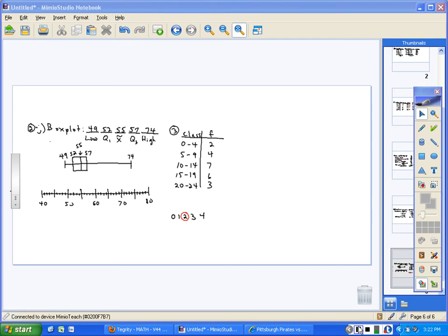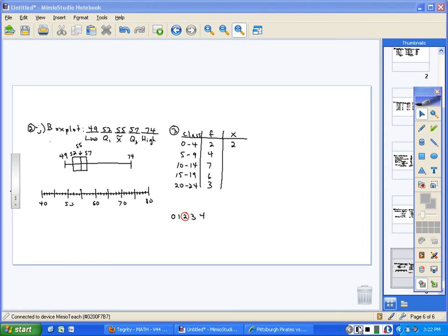And so for the first class, we call them X, so I'm going to add a column here called X. So the first class midpoint is 2. And the next one would be 7. But you might want to observe that the class width is 5.